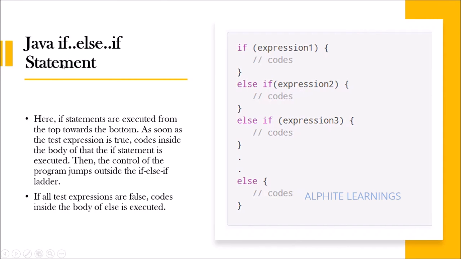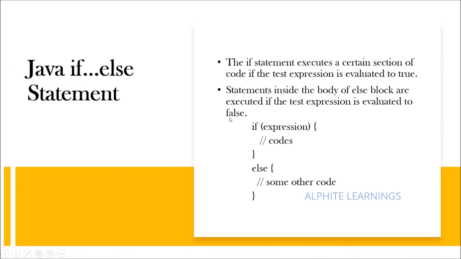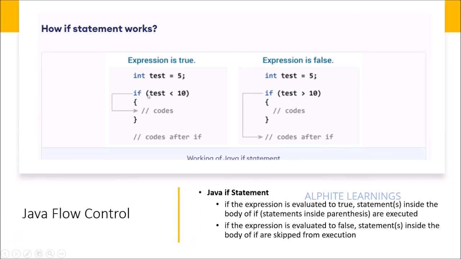Next we have if else. This is also the same as what we learned in if. Here we have only one condition, two cases: if it is less than 10 or greater than 10. For example, let us say I have to split the condition into three. If it is less than 10, I do something.